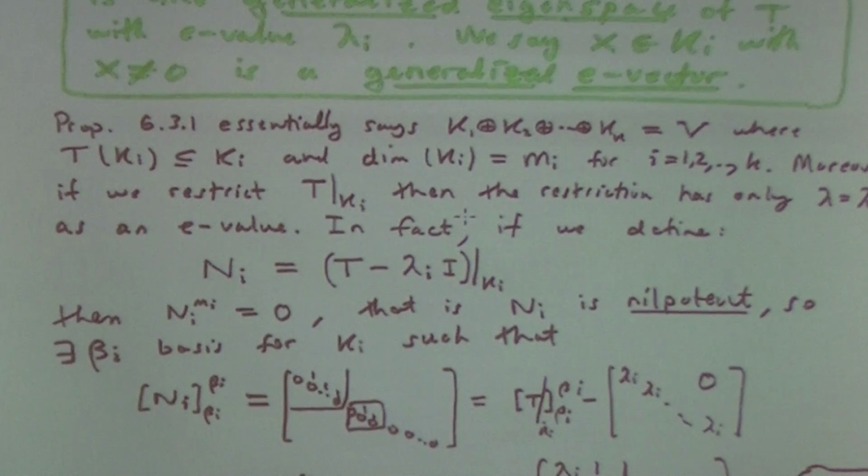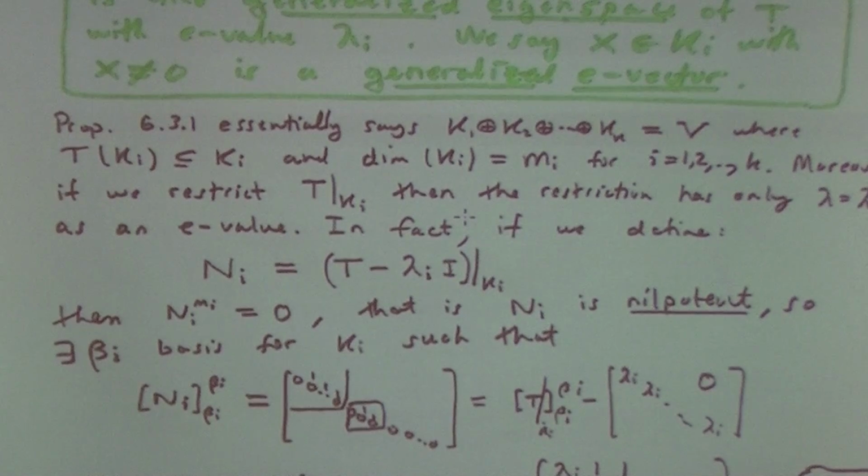He actually motivates the construction of these generalized eigenspaces by finding an invariant subspace, and adding vectors to it in such a way that you prove the space is invariant. He really does motivate this definition of K sub i in this section if you read it carefully.